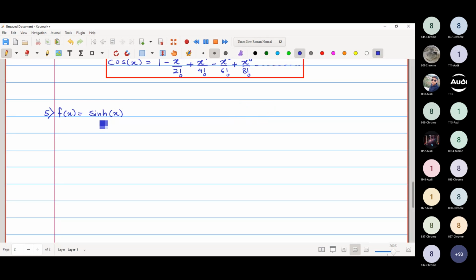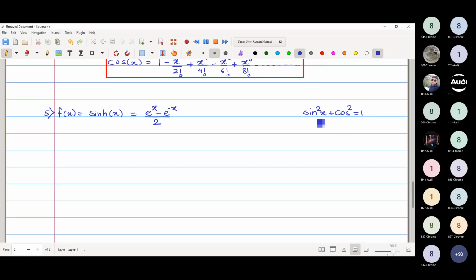So basically sinh x is called a hyperbolic sine. The formula for this is: e raised to x minus e raised to minus x, upon 2. This is the formula for the hyperbolic function. Do you know that the trigonometric functions you have satisfy one standard equation, sine square x plus cos square x is equal to 1?